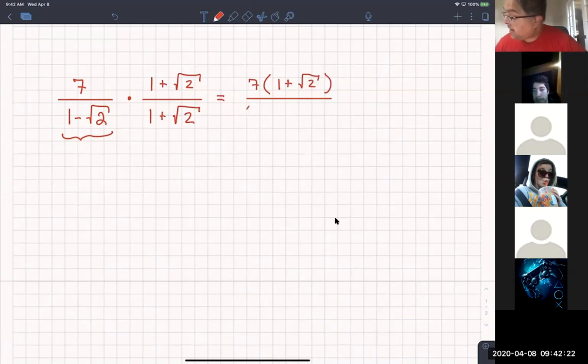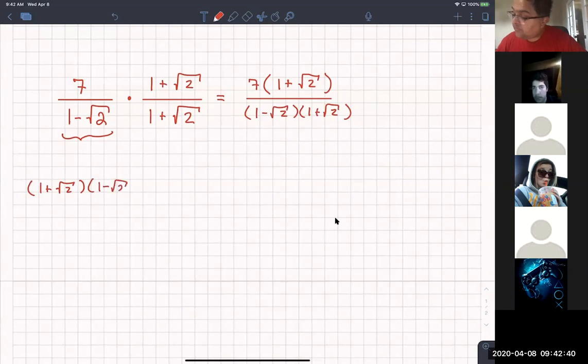And in the denominator, I get 1 minus root 2 times 1 plus root 2. Now, remember when I FOILed, this was a difference of squares.